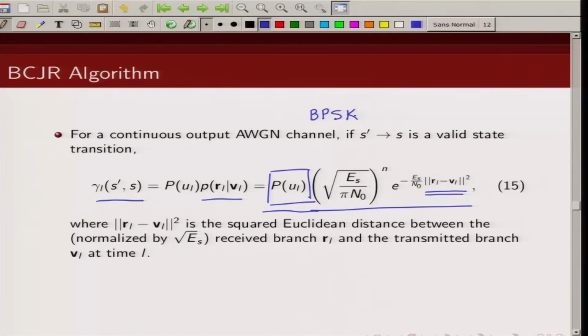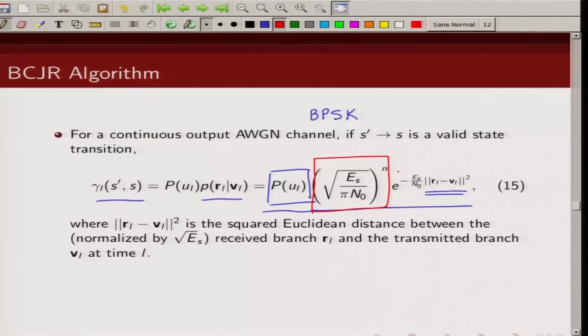So, in other words, basically we have bits mapped to +1 and -1, let us say, or plus root ES and minus root ES. Okay. So, let us expand this term and see, can we simplify this term. Now, this term will be common for all the terms, which depends only on signal to noise ratio.